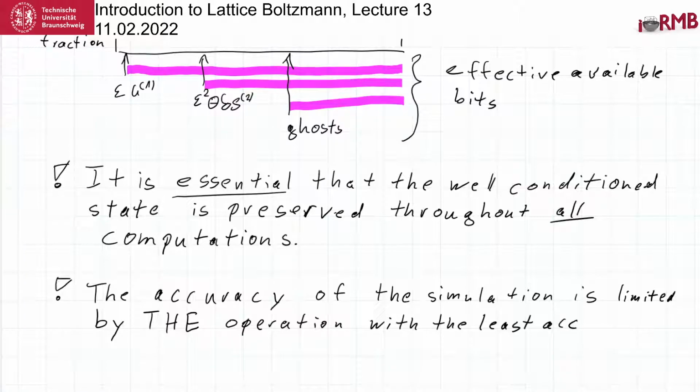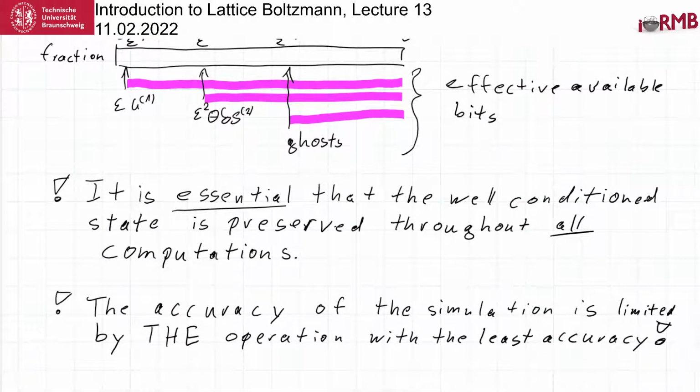So if you have one operation in your system that is not well conditioned, yeah, so once you add again Wijk to your distributions or do something similarly stupid, all these bits that you have preserved previously, they get lost.